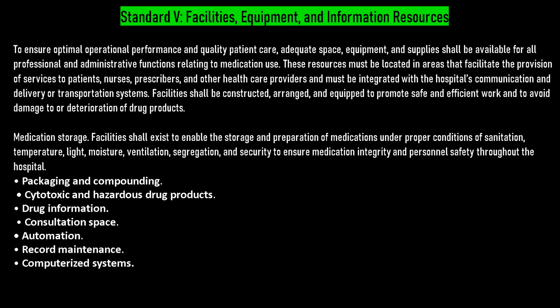These resources must be located in an area that facilitates provision of services to patients, nurses, prescribers and other healthcare providers, and must be integrated with the hospital's communications and delivery or transportation system.